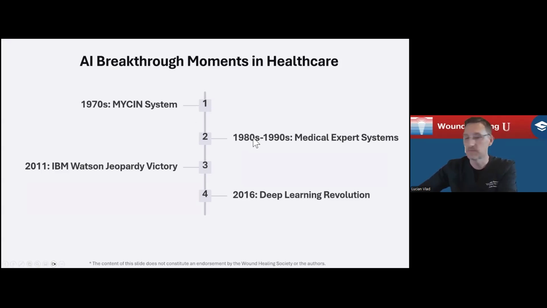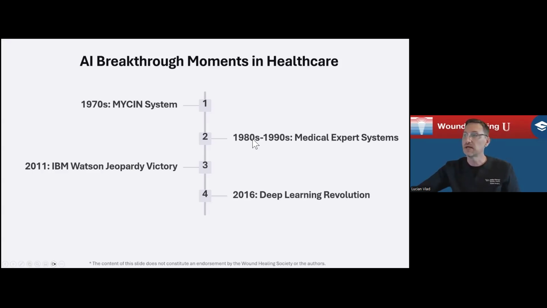Some of the other expert systems that came up in the 80s and 90s, for people who maybe had PDAs, you may remember systems like Internist-I or QMR, Quick Medical Reference. This was developed at Pittsburgh for internal medicine and diagnosis. Then there was ONCOCIN, developed at Stanford, trying to manage complex cancer chemotherapy protocols. DXplain is another system that was developed at Harvard and MIT.